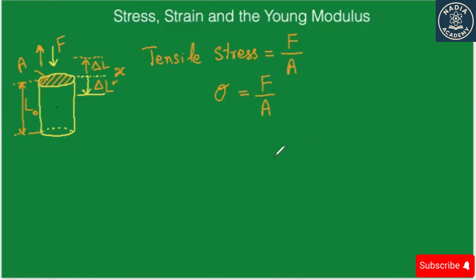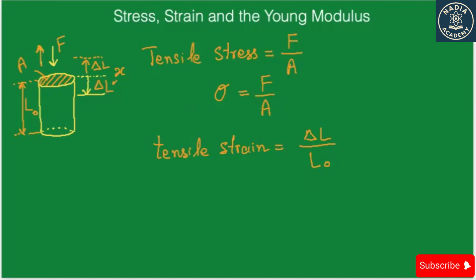The change in the length relative to its original length is what we call the tensile strain. So the tensile strain in the system is the ratio of our change, our extension delta L, compared to its original length.